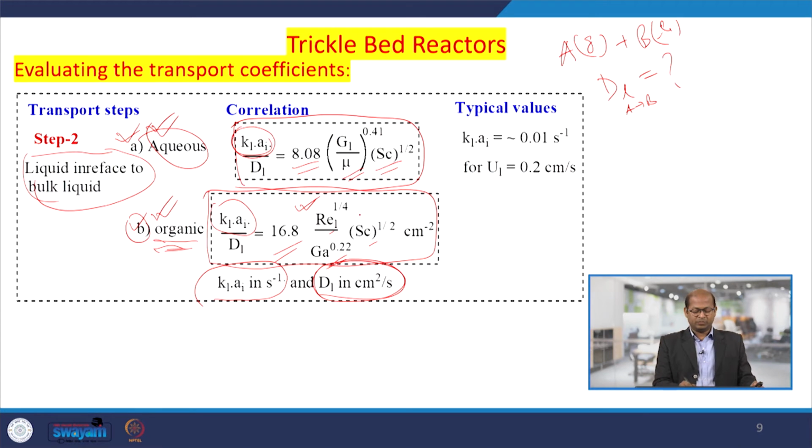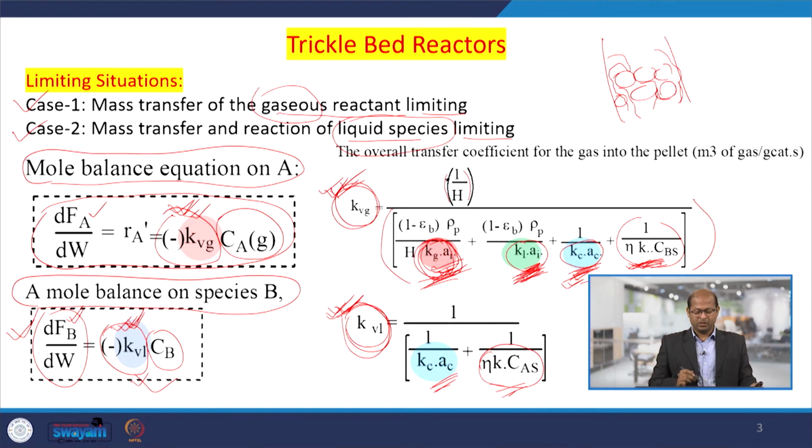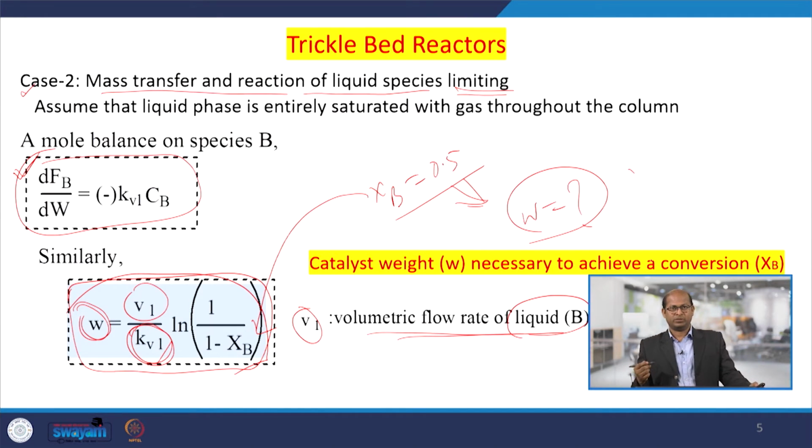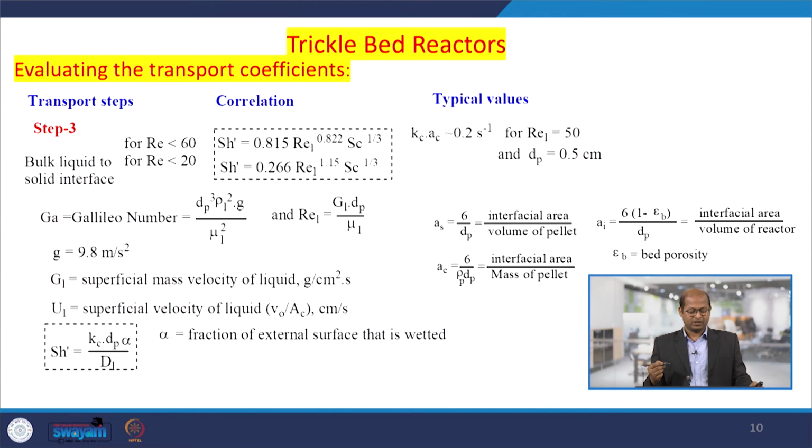All these Reynolds number, Schmidt number, Galileo number, these are the components you have to substitute here. Then KLAI value we can find out, that KLAI value we can substitute here, or in the overall mass transfer coefficient to get KVG, and these are the two components left. So, these also we will discuss. So, what are the correlations available, and those correlations we have to use to find out those particular components.